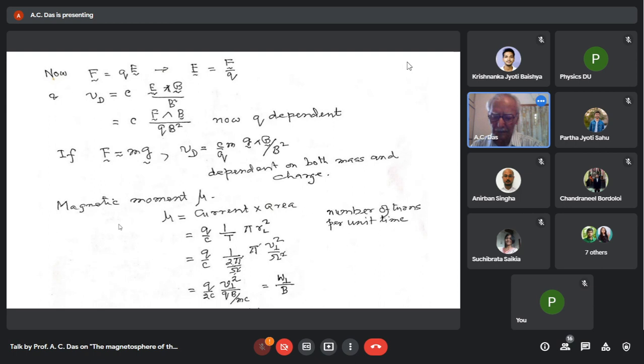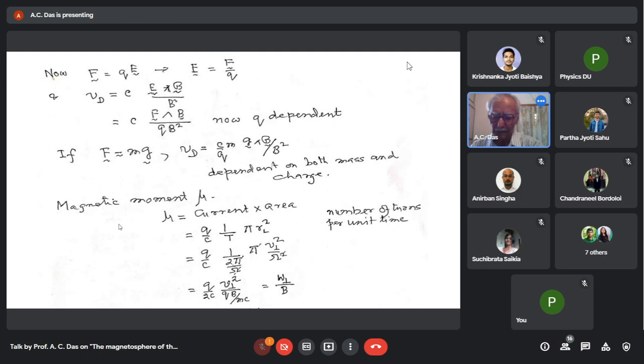Now here, the gradient of B in general gives several components, 9 components, and in the mirror we have only 3 components, dBx by dx, dBy by dy, dBz by dz. These 3 components exist, others do not exist. So the main field is Bz.